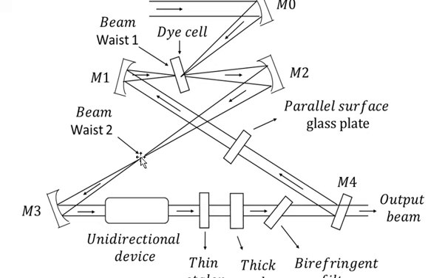And the beam waist is located such that the light after reflection from the mirror 3 becomes parallel, that is, in the form of a parallel beam or the collimated beam. This collimated beam passes through the unidirectional device consisting of a Faraday rotator and a birefringent plate sandwiched between two plane polarizers with identical axes.